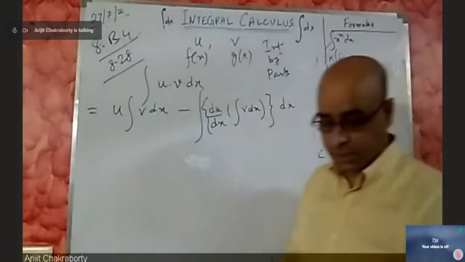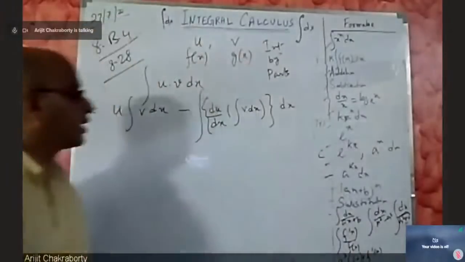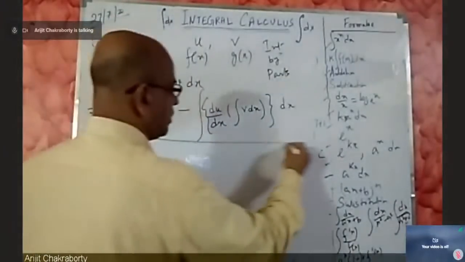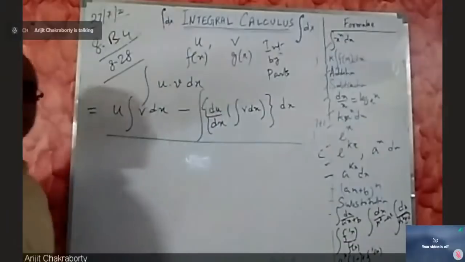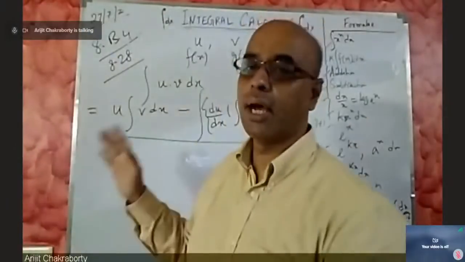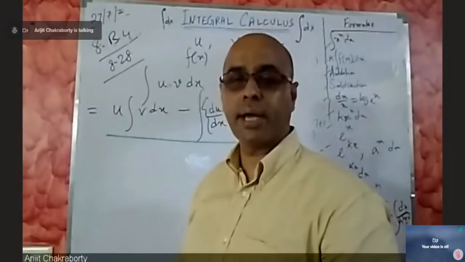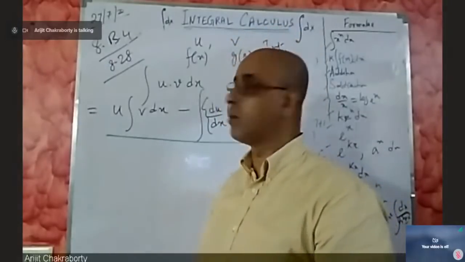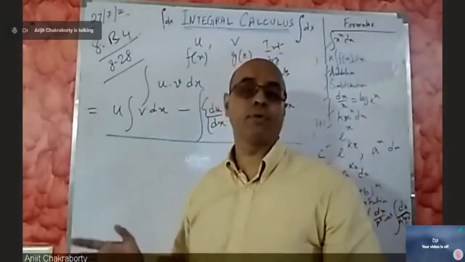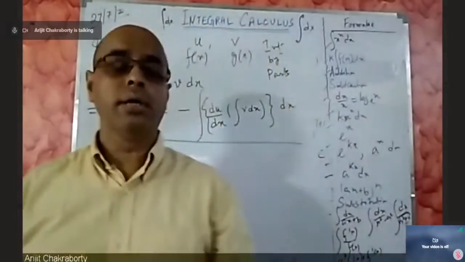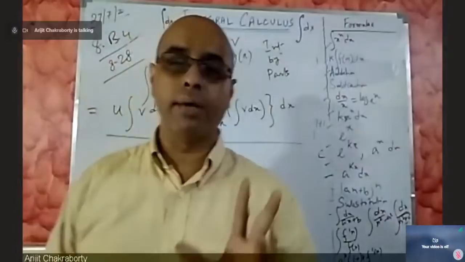This is a very, very tough one, I can understand. But please try to understand, and I am doing a step by step analysis so that it becomes a little bit easier and you will be able to apply this formula. Please note, a number of problems in the exam come on this formula, integration by parts.